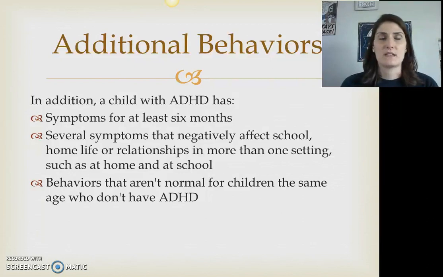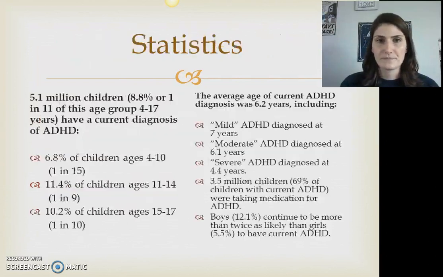And this is going to persist for at least 6 months. This is how you're going to know that this child maybe has ADHD if they haven't been diagnosed yet, or you're going to know that the problems persist outside of school. You're not the only one that's experiencing these problems.